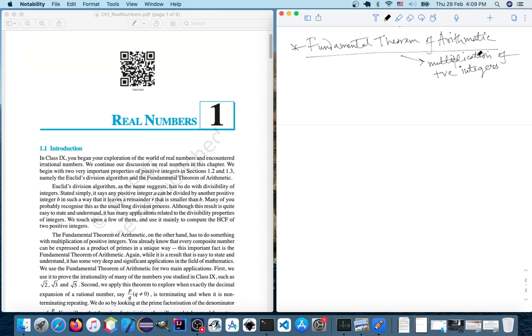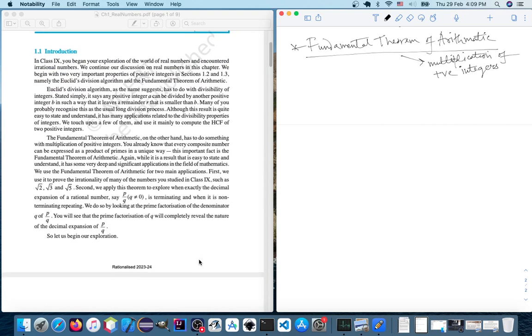Secondly, another application is we apply this theorem to explore when exactly the decimal expansion of a rational number, say p by q, is terminating and when it is non-terminating repeating. In class 9, you have already learned about rational numbers which have terminating decimals and rational numbers which have non-terminating and recurring or repeating decimals.